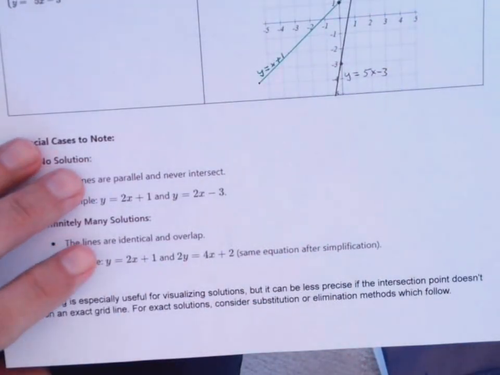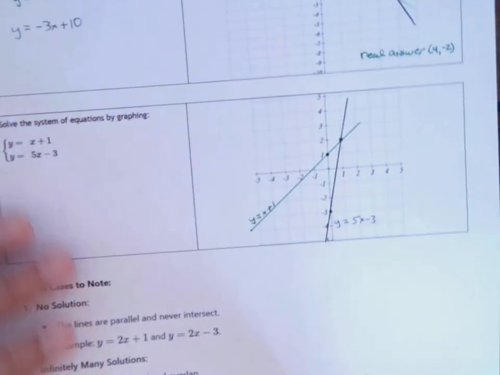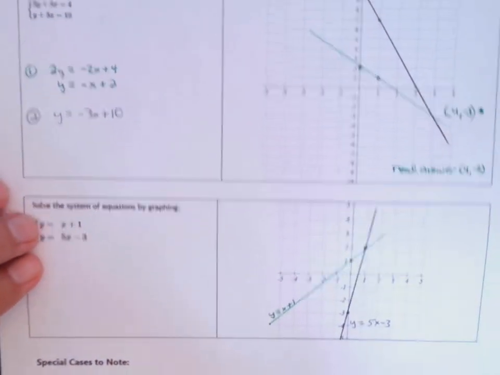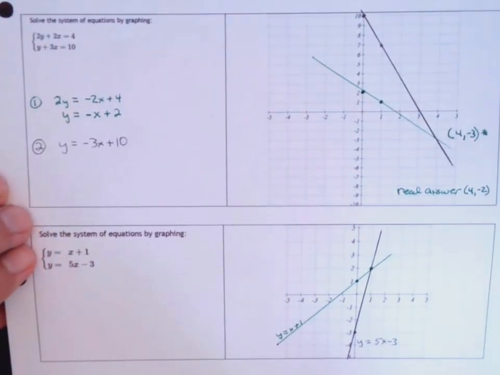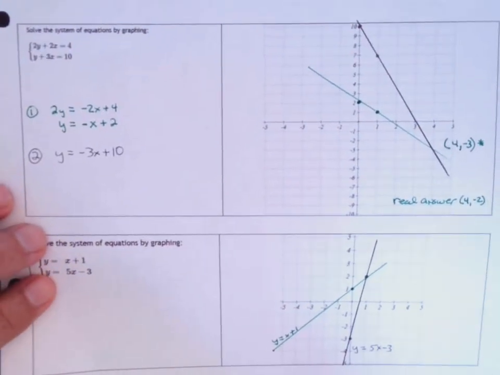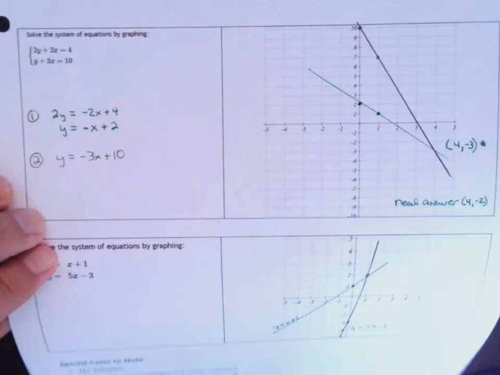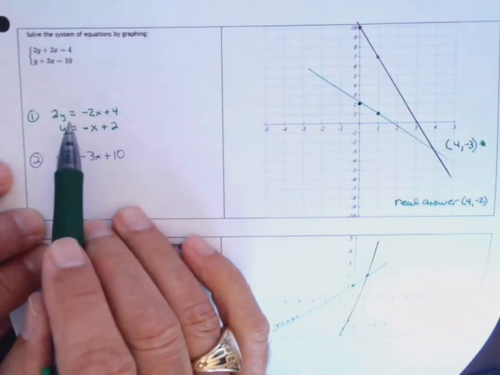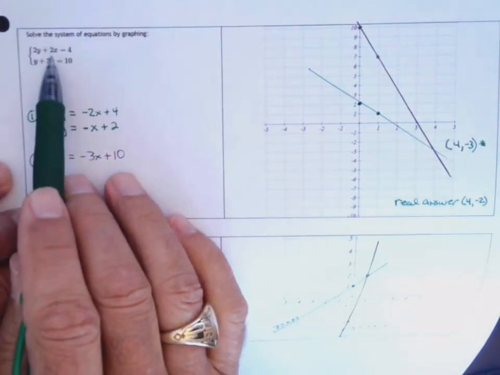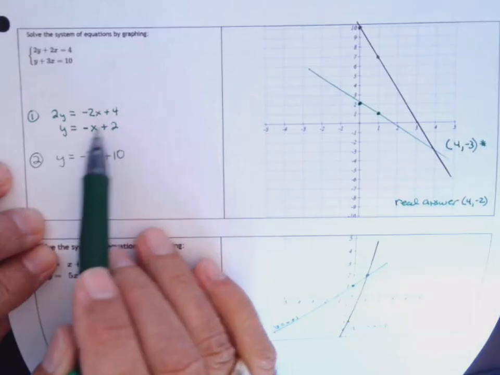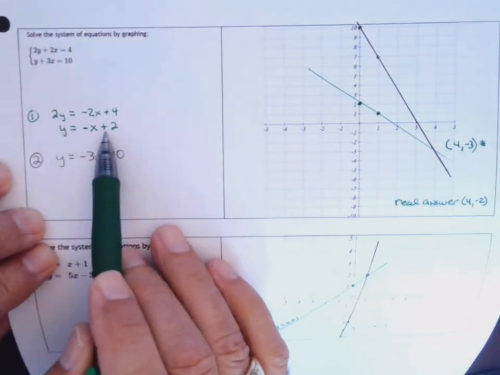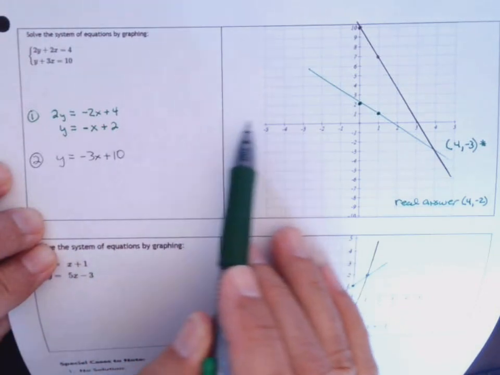I'm going to show you an example of the importance of checking and making sure an answer is correct. When you're graphing by hand, now if you're using software, you're less likely to do this. But this was actually an innocent mistake that I only caught by checking. Here I have the two equations. I put them both into slope-intercept form. The first equation, y-intercept is 2, slope is negative 1.